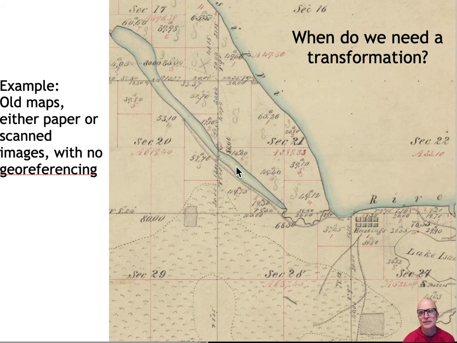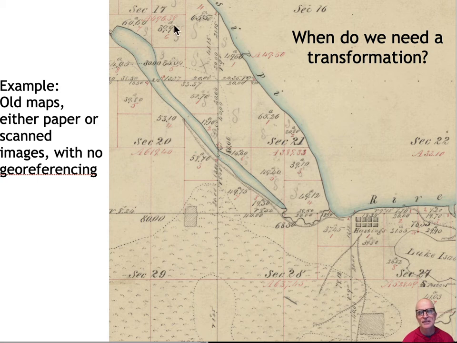Another common use is for old maps. So these are plat maps, and in Minnesota, they've all been converted and geo-registered using the process that we're talking about today, but there are many other old maps in archival storage, different places that you may want to geo-reference.